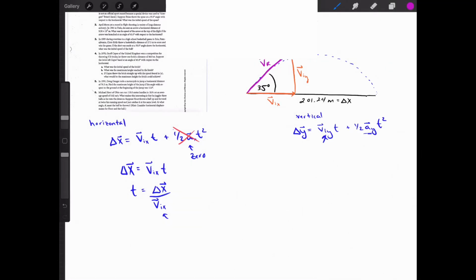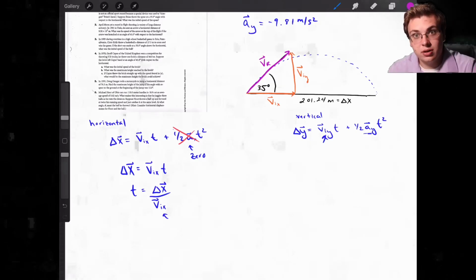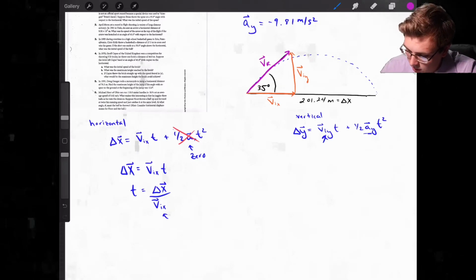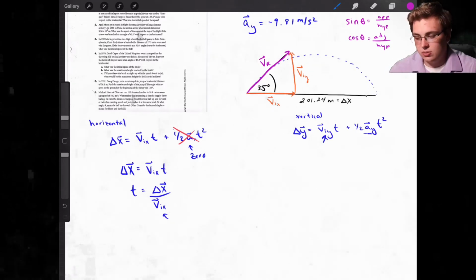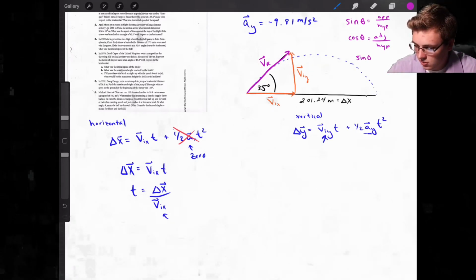We use trig to figure out what these are. Sine of theta equals opposite over hypotenuse, and cosine of theta equals adjacent over hypotenuse. So we can rearrange these both.